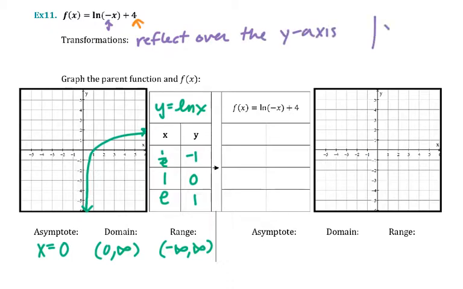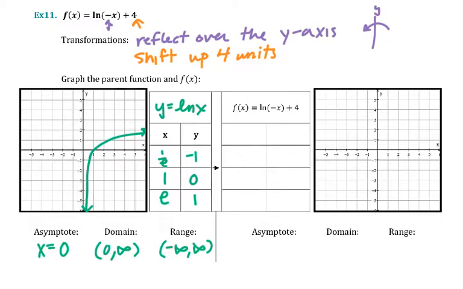A horizontal reflection goes across our y-axis. And then we're going to shift up 4 units because that 4 is added on the outside. It's a vertical shift because of the adding outside, so we're going to go up 4.